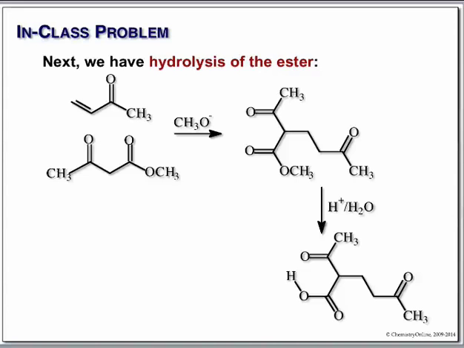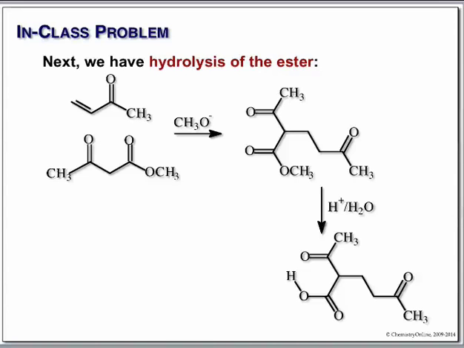Step three, we look at this and say, well, wait a minute. This is a carboxylic acid, and it's beta to a carbonyl. Something in our mind tells us that that is special. That's what you need for decarboxylation.